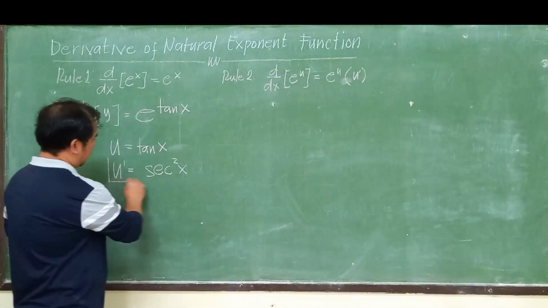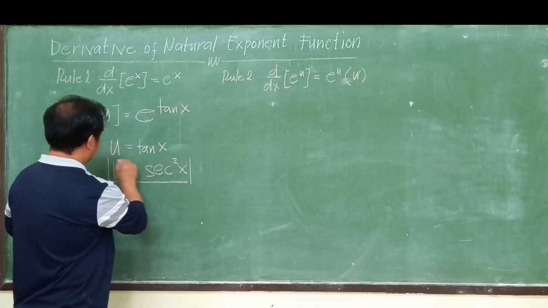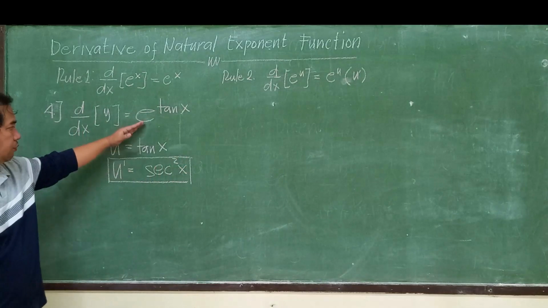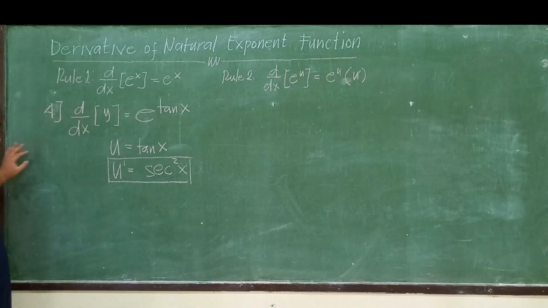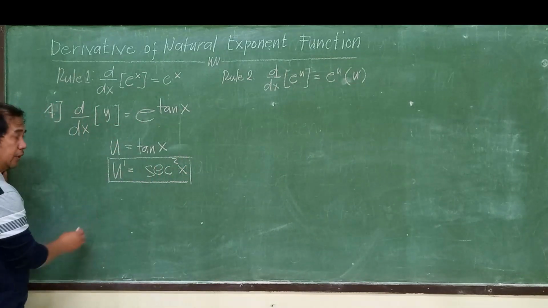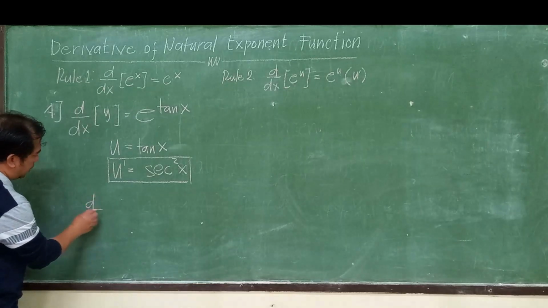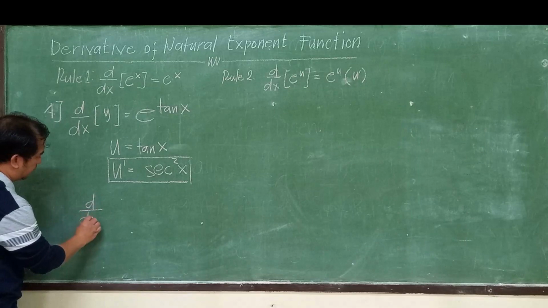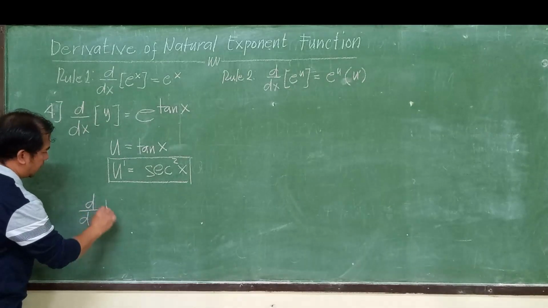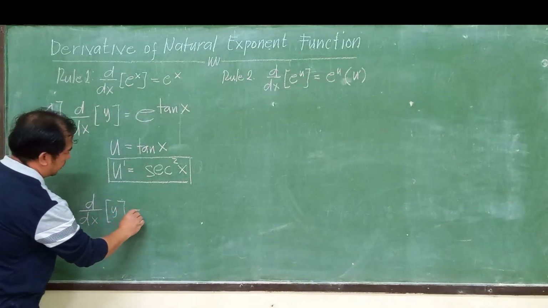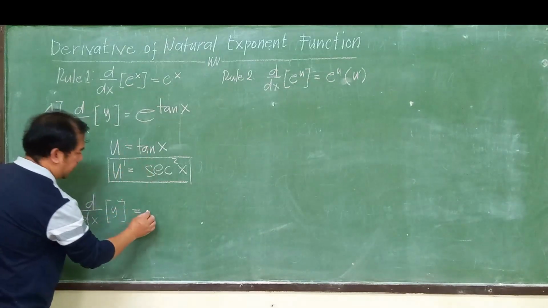Now, so that if we have now the derivative of our u, we are now ready to get the derivative of this problem. So we say the derivative of our problem now is the same as d over dx of y, that is the same as, what is your e?